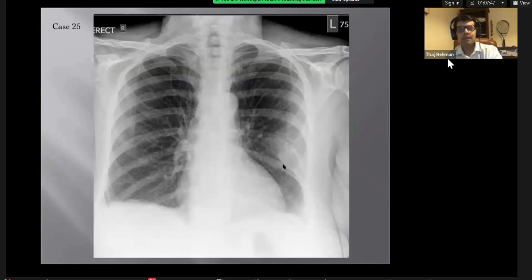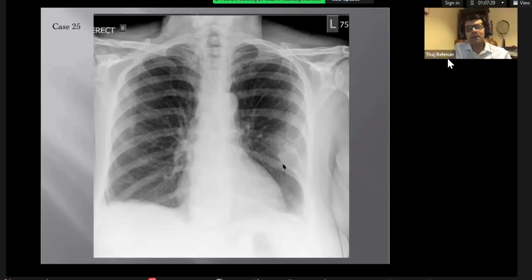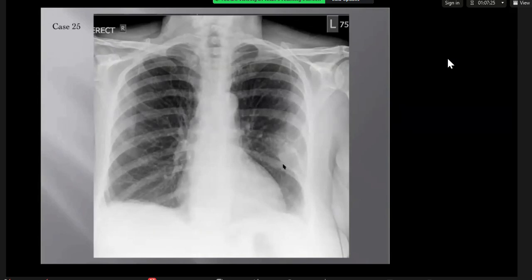There is something else at the edge of the radiograph that clinched the diagnosis. So on the left side, it's on the right side. I'm giving too many clues because we are short of time. There are some clips in the right axilla.